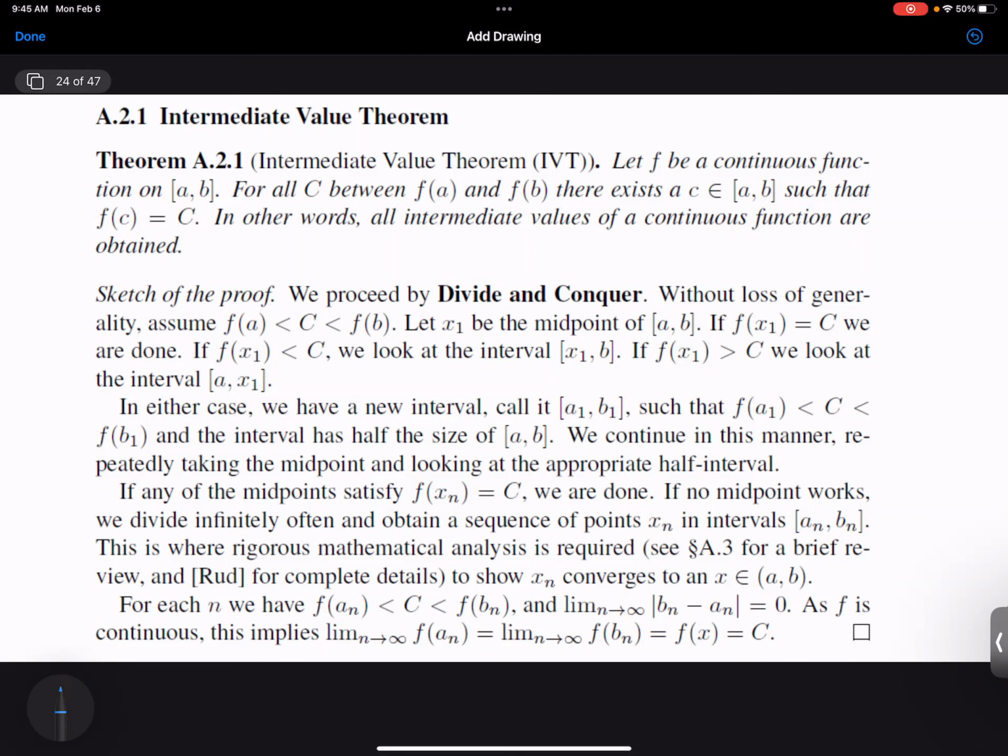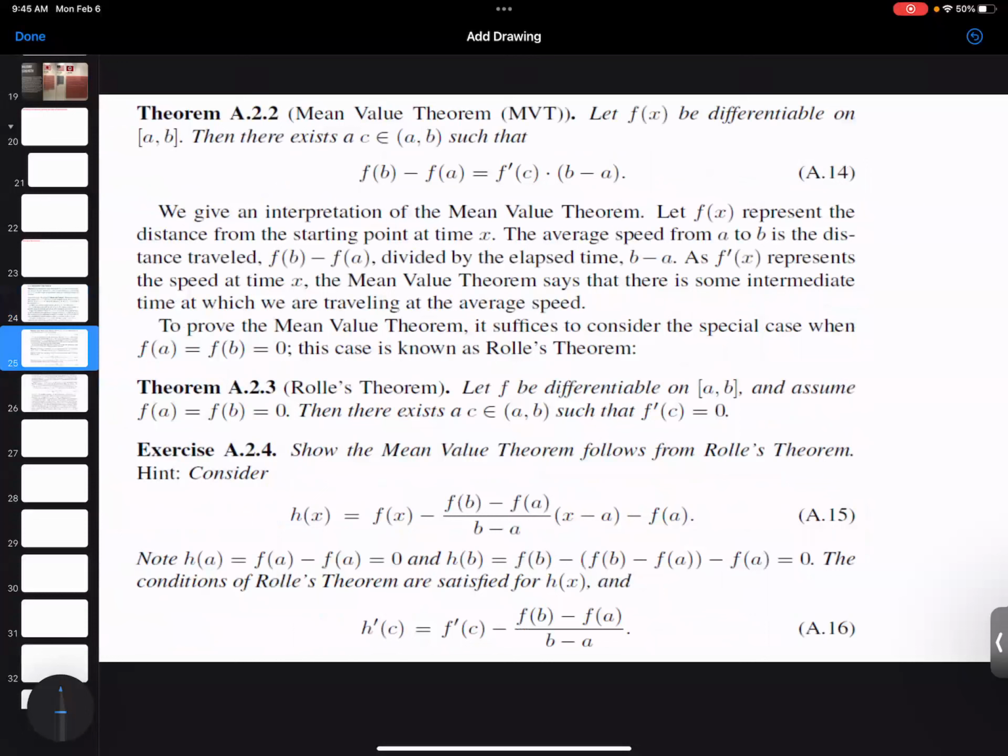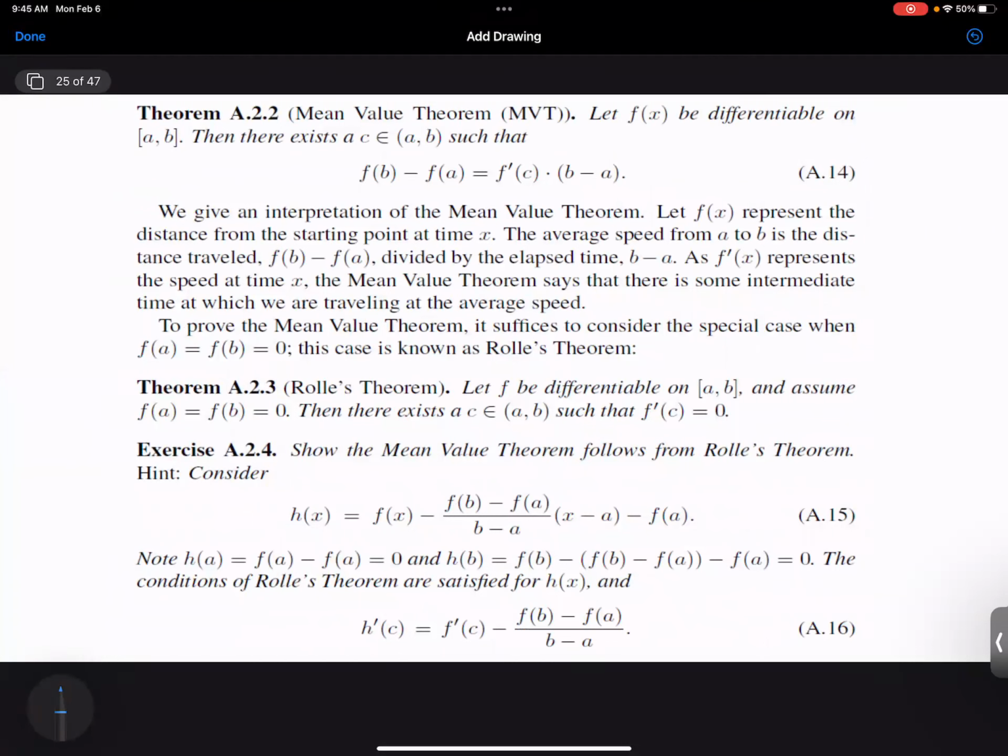Right? The intermediate value theorem is a really obvious theorem. The next one is our second pretty obvious theorem. So the mean value theorem says let f be differentiable. So it turns out if you're differentiable, you're automatically continuous. So let it be differentiable on an interval, then there's some point c in that interval where f(b) minus f(a) is f prime of c times (b minus a).